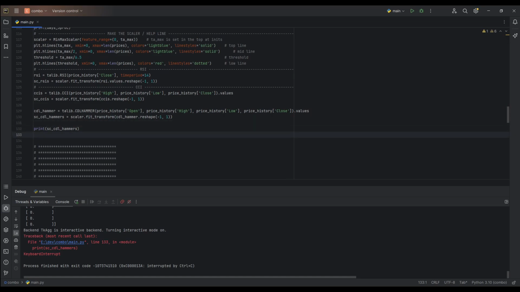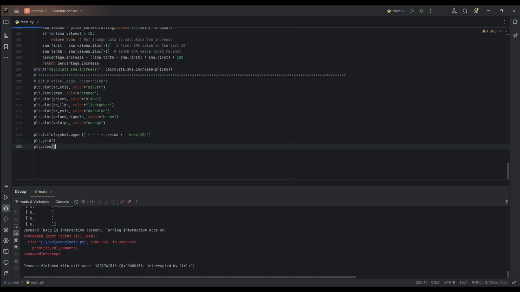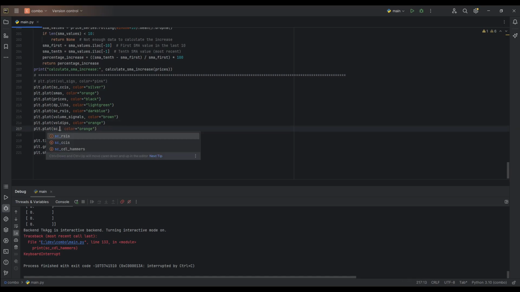So let's see CDL here. The hammers, and let's do, what do we do today? Maybe we do red.